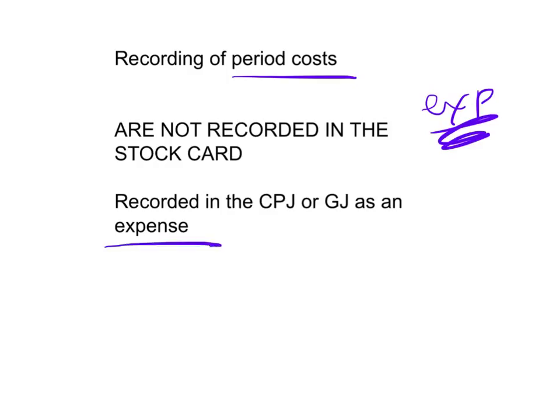The actual expense has to be recorded though, that buying expense. So if you paid cash for it, it goes in the cash payments journal. Can't go in the purchaser's journal for this one because the purchaser's journal is for the purchase of stock on credit. This is the purchase of an expense on credit. So our only other option is the general journal.